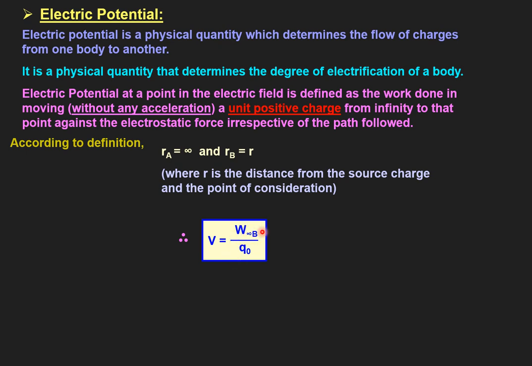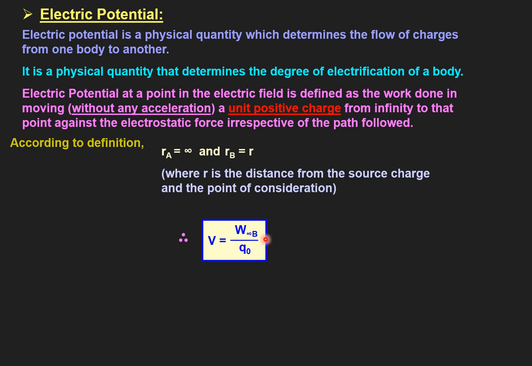Numerically, we divide the total work done by the test charge Q naught, so it is the work done per unit test charge. So electric potential is nothing but the work done per unit test charge starting from infinity to a particular point without accelerating the charged particle.